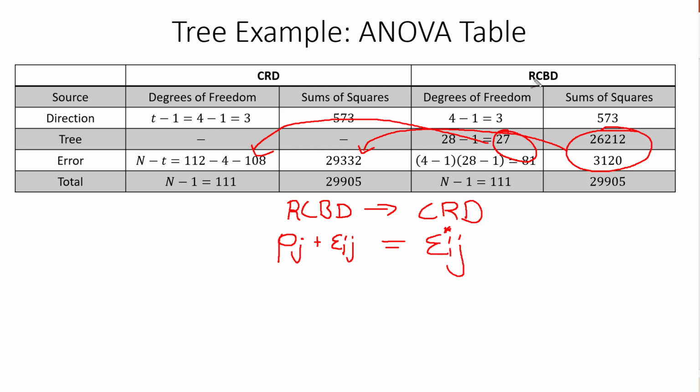But most of the time we're doing a randomized complete block design, it's because we believe that the blocks have a large impact on the response variable that we observe. We want to remove the effect that the block has. So while we lose some degrees of freedom, in this example we lose 27 degrees of freedom, so about a quarter of them, what we remove from the sums of squares is that much more important.